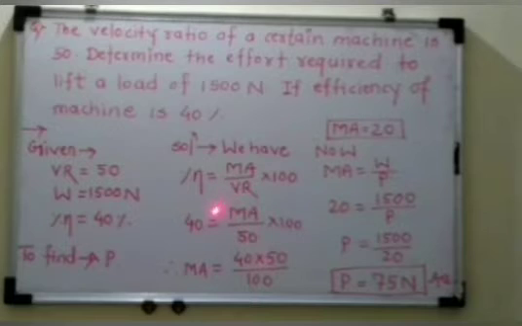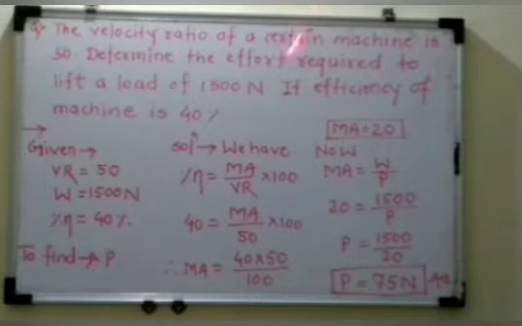Before proceeding with the numerical you must know which formula exactly we have to apply. While solving the numerical we face a lot of problems about what exactly we should do. You must understand one thing: whenever a value is given in the numerical whose formula is known to us, see here the efficiency is given and the formula of efficiency is also known to us.